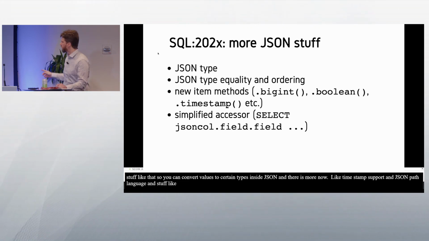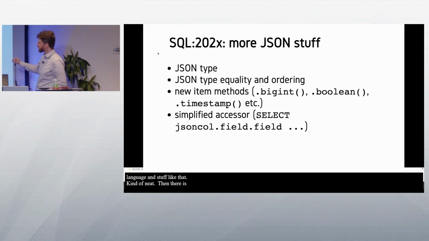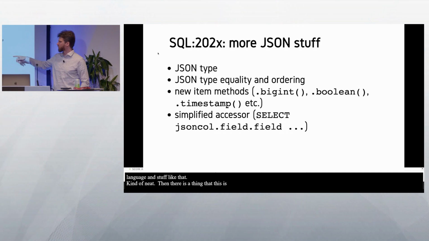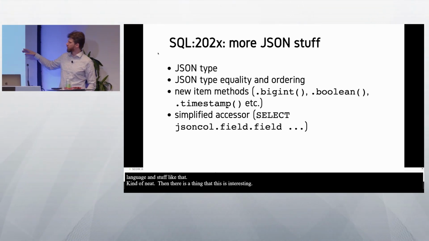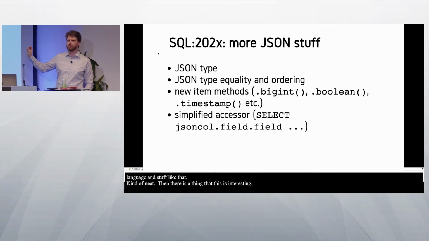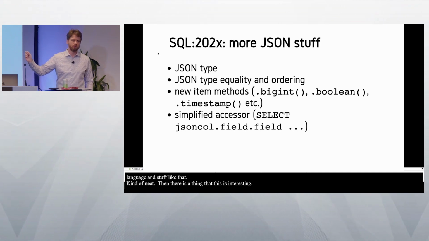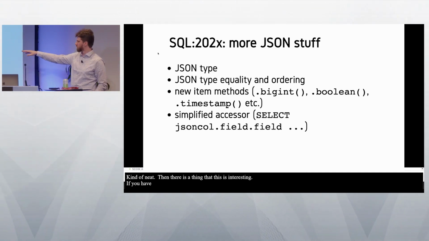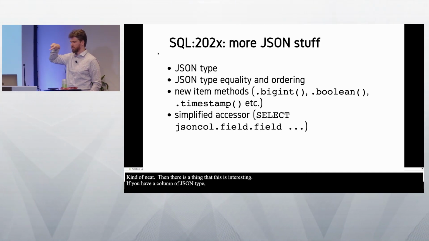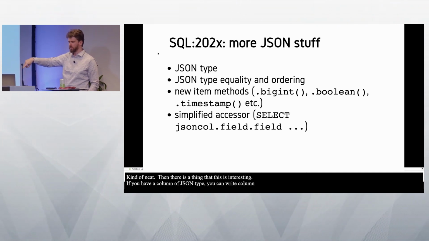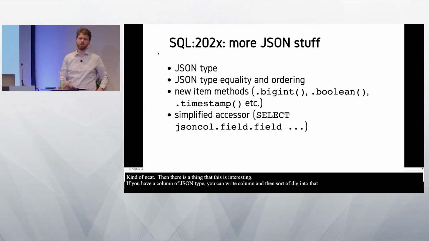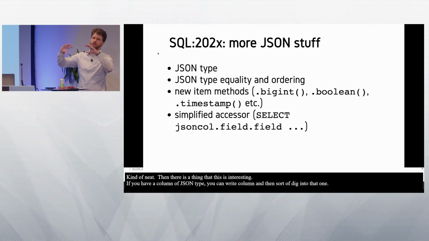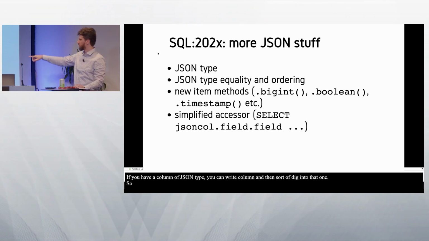And then there's a thing that will be interesting in Postgres. It's called a simplified accessor. If you have a column of a JSON type, you can write the column and then dig into it using SQL syntax. So instead of writing bracket a bracket b or something like that, you can just do .a.b.c.